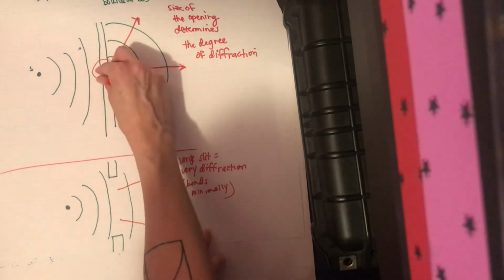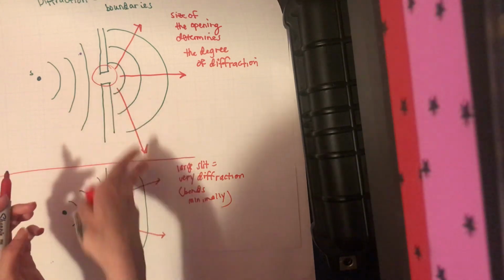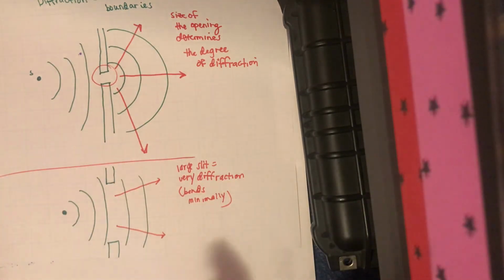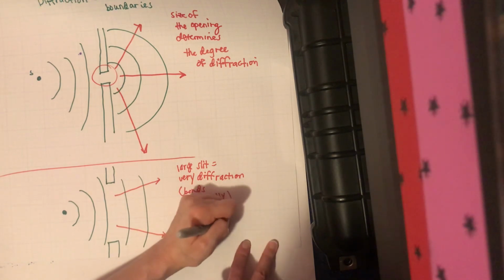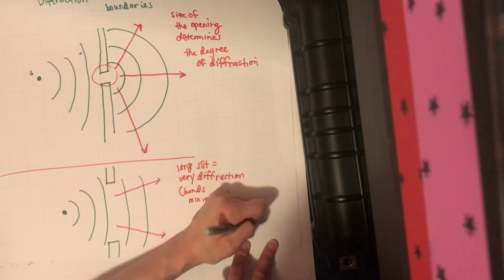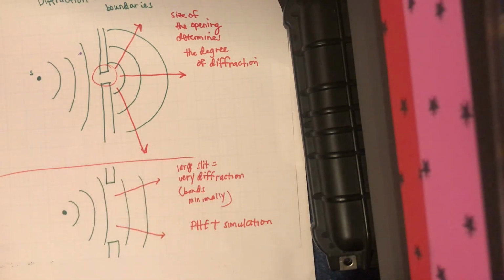Whereas if you have a really small slit, there's going to be a lot of bending of that wave, and that's called diffraction. So I'm going to link you guys to a PhET simulation on diffraction, so you can mess around with the size of the slit and see what kind of effect it has.